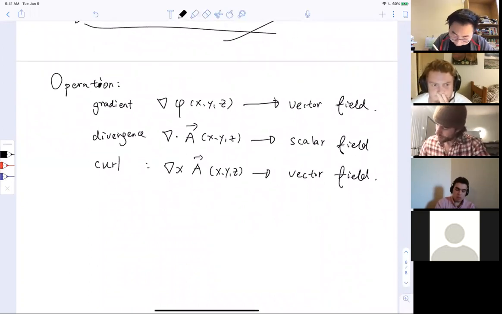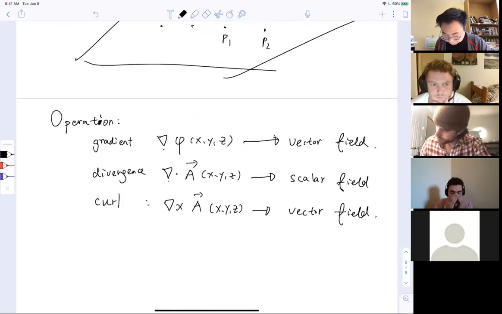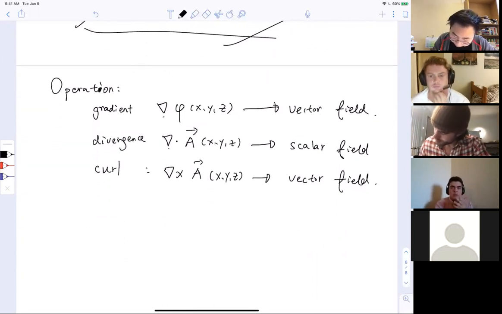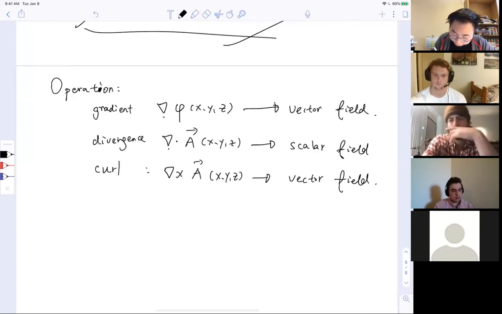So those are three operations acting on a field, generally speaking. If they are not fields, they are just a vector, then this kind of operation acting on that vector gives 0, right?